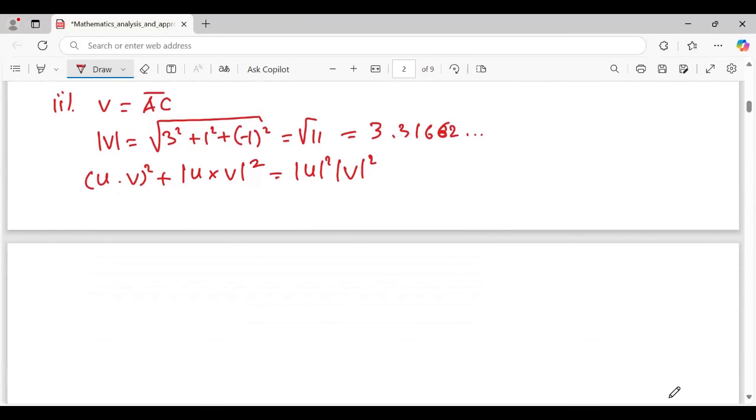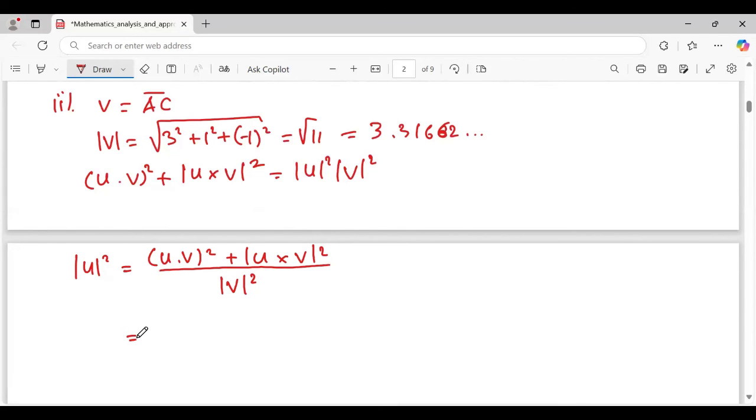I need more space. Derived from this equation, modulus u squared is u dot phi squared plus modulus u multiply phi squared, over modulus phi squared.